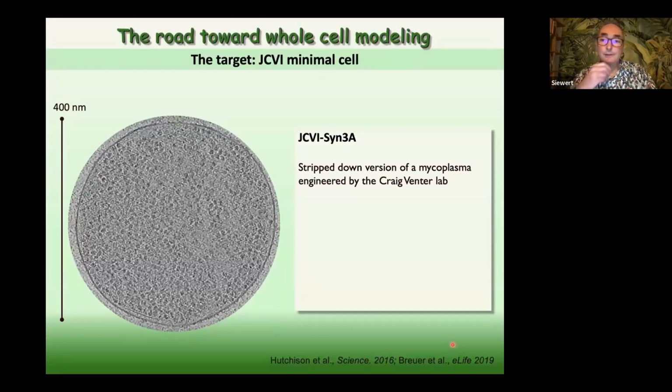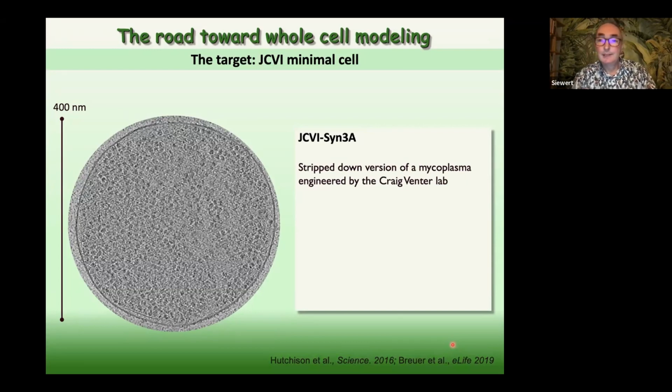All right, the final example, and something that is very recent that I want to share with you, is the modeling of entire cells. Entire cells are of course quite big from a simulation standpoint, especially if you want to include all the molecules.